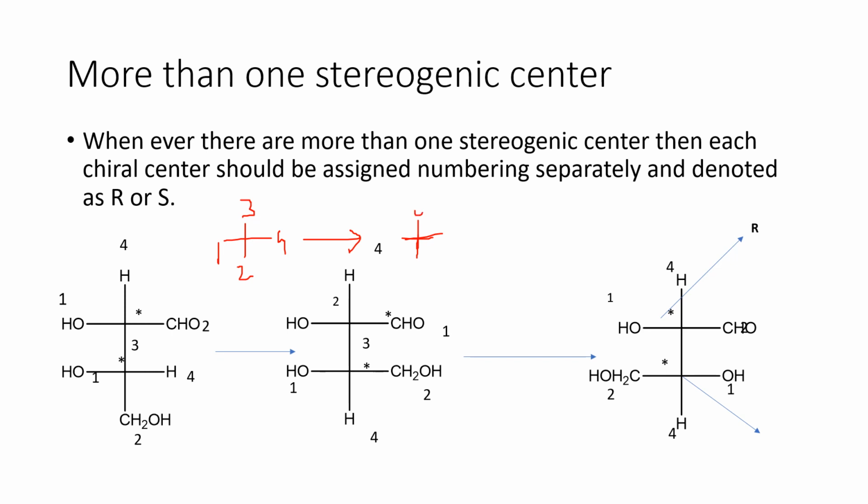So 4 should come here, 3 will be coming here, 2 will be coming here, and 1 is here. The second interchange again: I am changing these two, that means 3 here, 1 here, 4 here, and 2 here. So you can assign the priority order now.